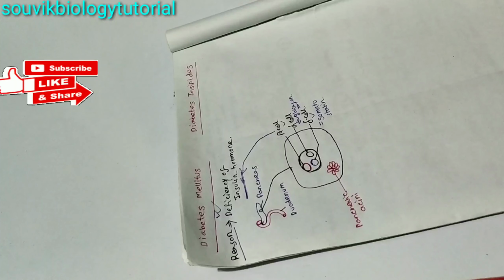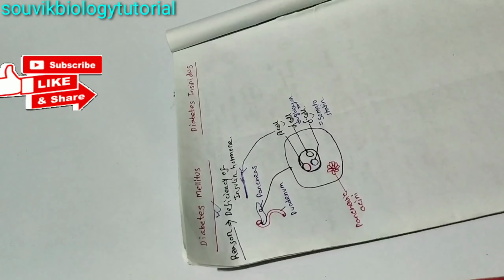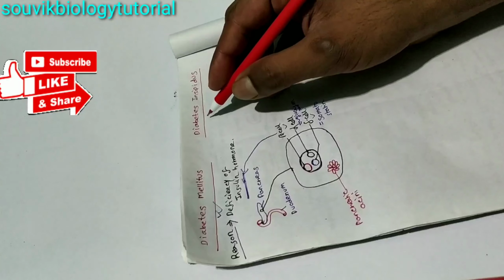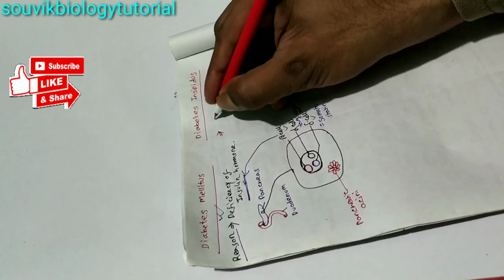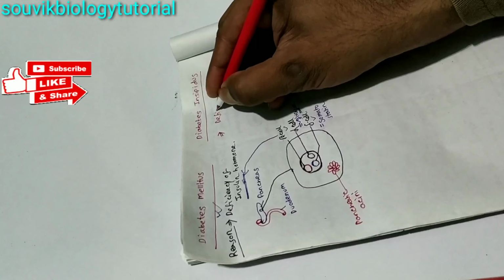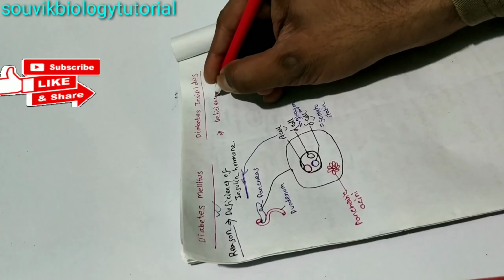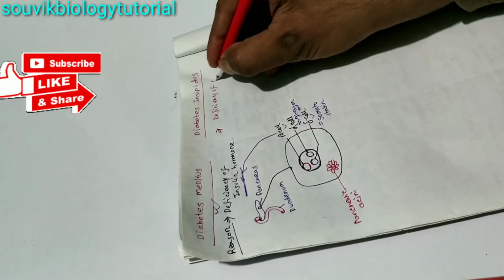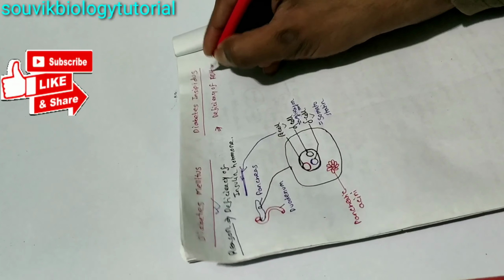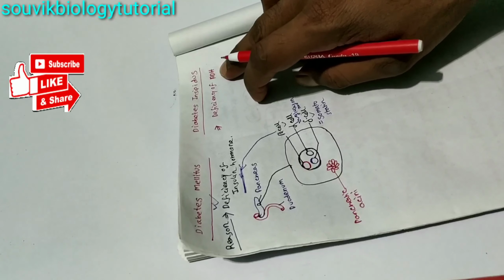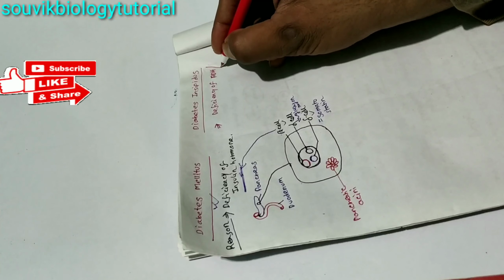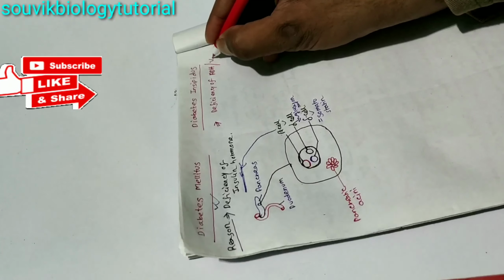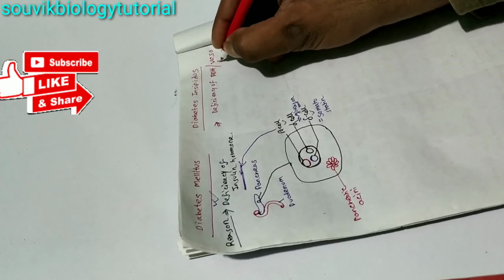Now, diabetes insipidus. How does this disease occur? This occurs due to deficiency of ADH hormone. The full form of ADH is anti-diuretic hormone. Another name of ADH is vasopressin.